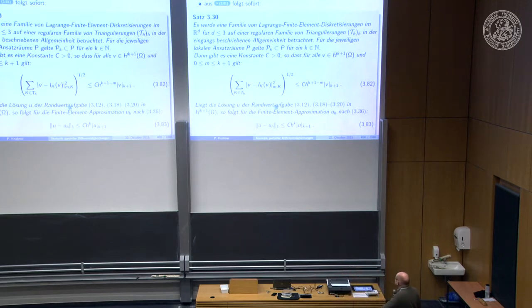Such that we can estimate the error by this constant times h to the k times the seminorm of order k+1 of the solution. So, to say it short, we have a statement that there is an order of convergence k. This k comes from the polynomial ansatz space, under the assumption that the solution is smooth enough.